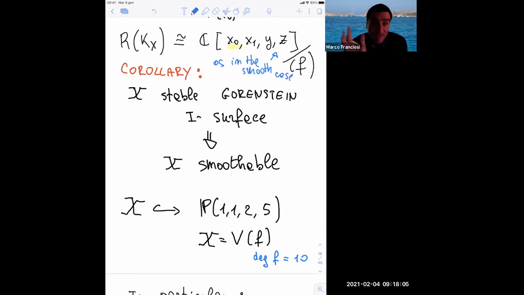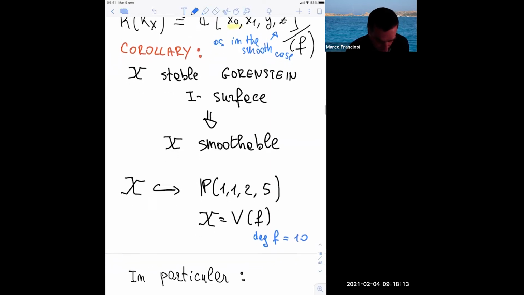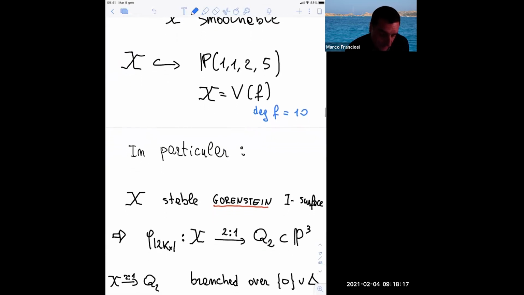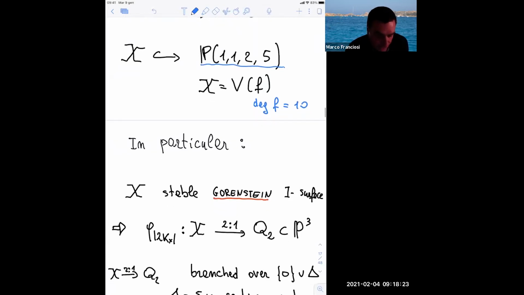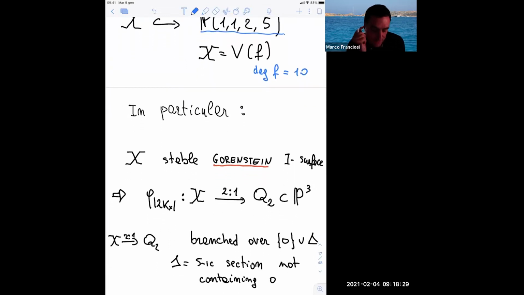In this case, F is a degeneration of the degree 10 equation of the smooth one. In particular, looking at this description, we can consider the bicanonical map, and we have a 2-to-1 map onto the quadric cone in P3.